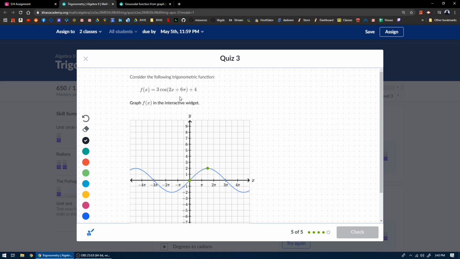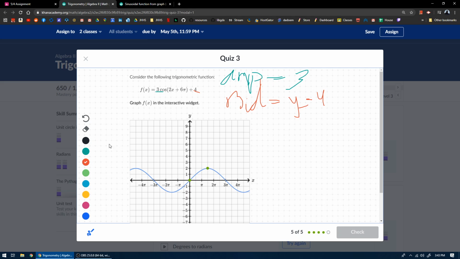Okay. So now to graph cosine, let's pick out what we have. Amplitude 3. Midline y equals 4, because that's this number right here.